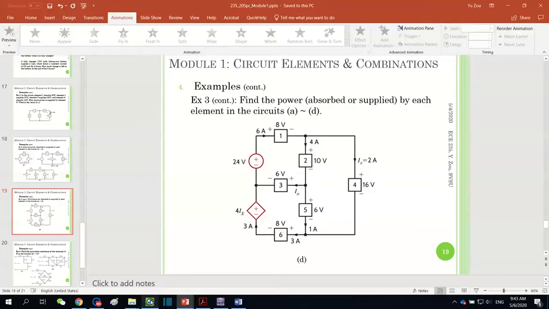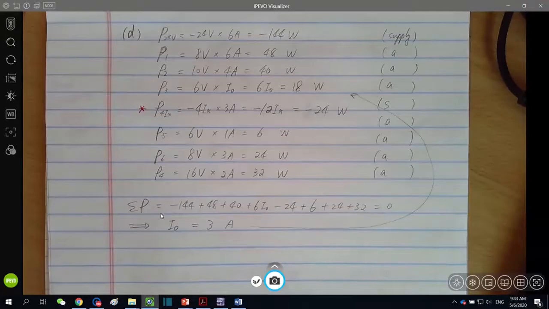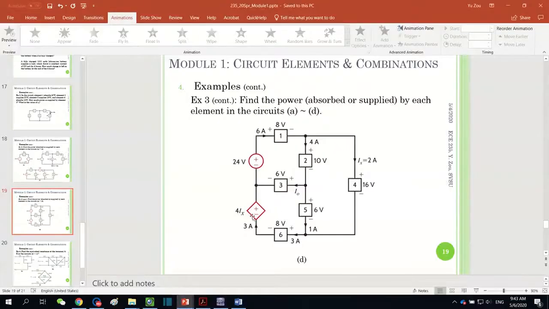But what we can do is similar to circuit C. We apply the power conservation theorem and sum up all of the power together, which equals 0, from where you can find the I0 value and substitute this value back into P3. We can then find the specified watts value. Just be careful also with the dependent source. This is a current dependent voltage source here. So exercise them yourself and then come back to check the solution and bring up the questions and concerns in the office hour.